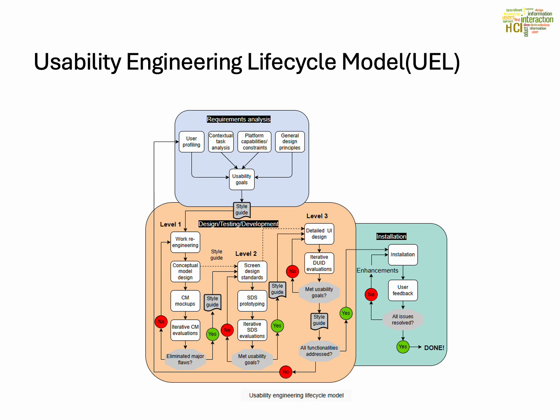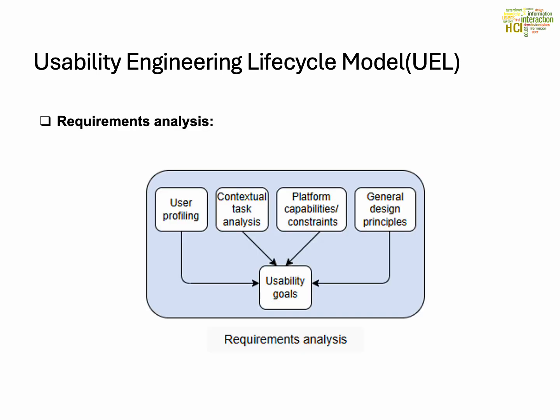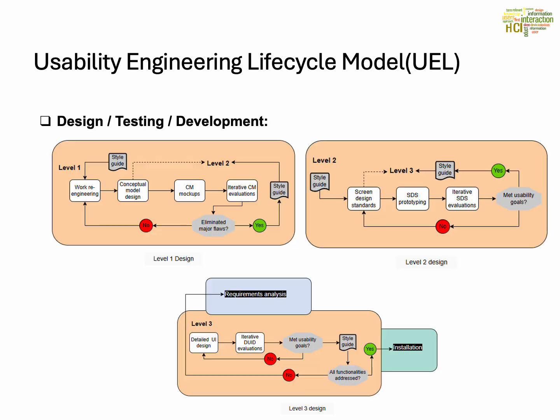Now let's look at the UEL or usability engineering lifecycle model. It's like the design process but structured specifically around usability. So the first step is requirement analysis. Who are the users? What tasks must the system support, etc. And the second is to design, test, and develop.